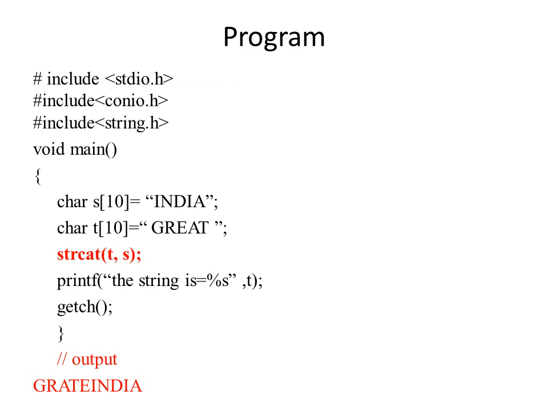Let's see here: as two strings are going to be added, a minimum of two strings are required. First is the source array, or the string whose name is s, whose elements are India. There is another character array whose name is t, which contains the elements grade.